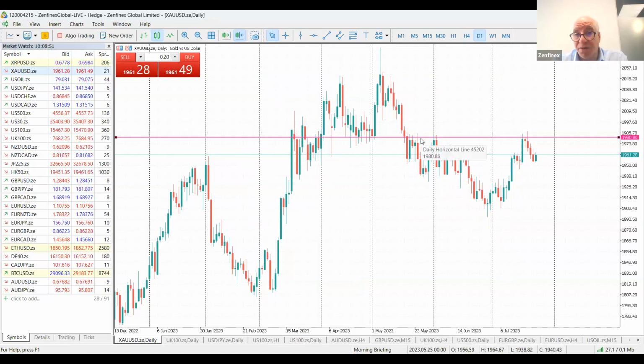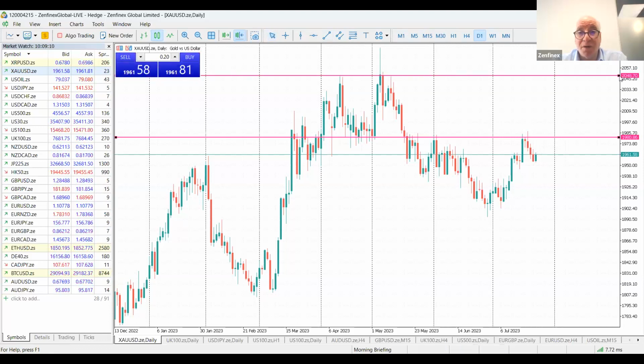So I'll just mark these lines in. I'm marking some support and resistance lines from the daily perspective. And we know this is a weekly level here, which I've marked on many, many videos before. I don't think it will impact us today, but it's good to have it on there. And we can draw some levels here.